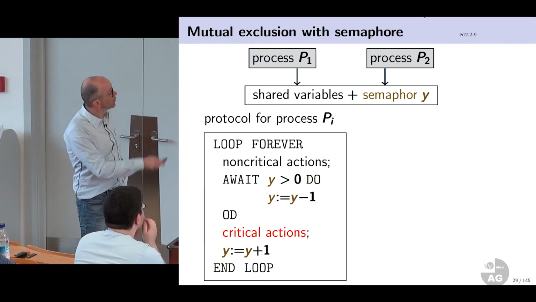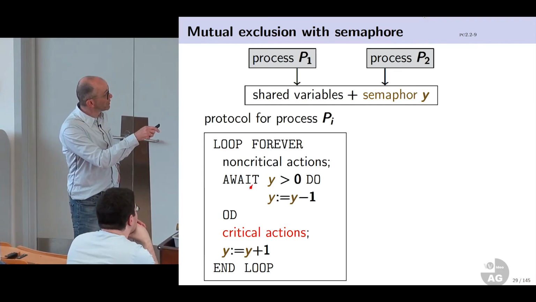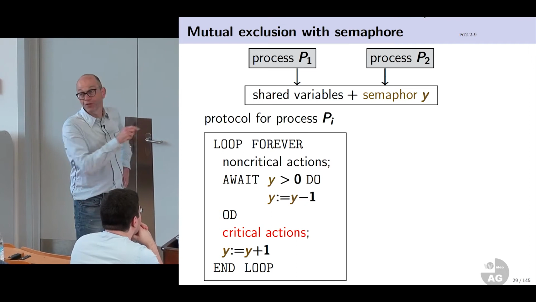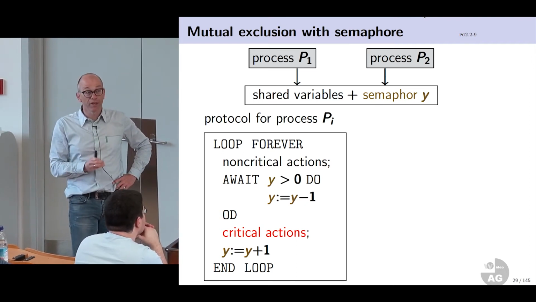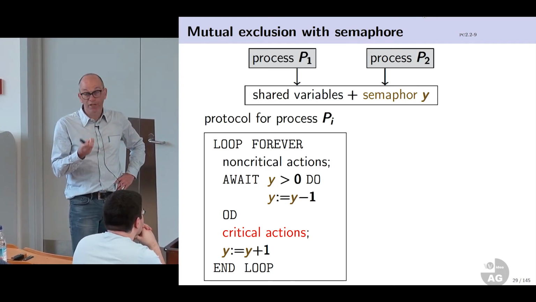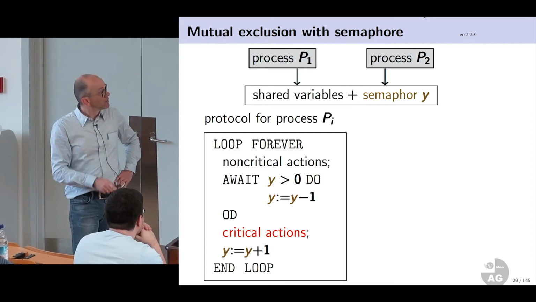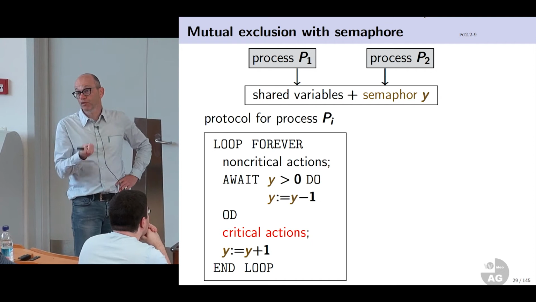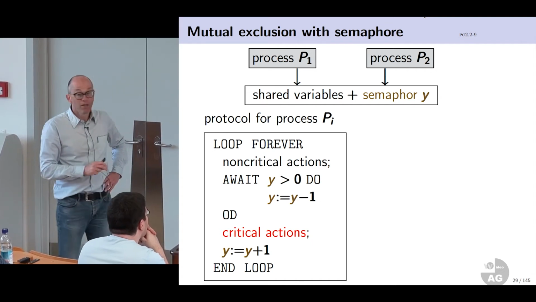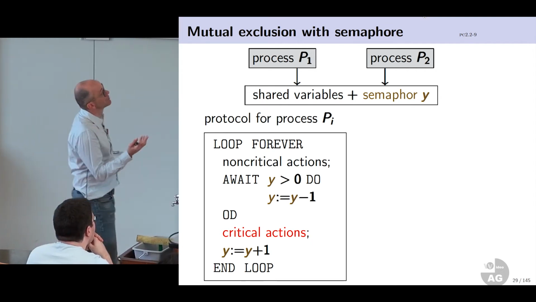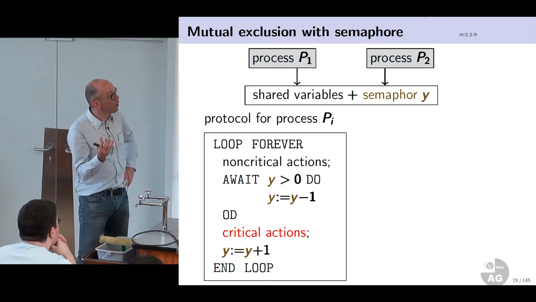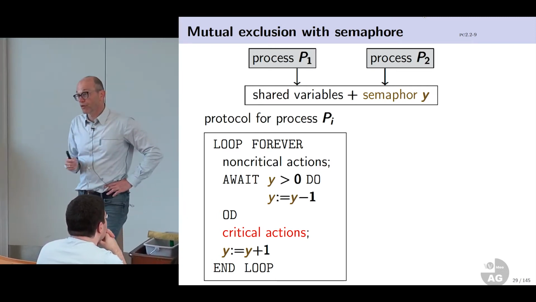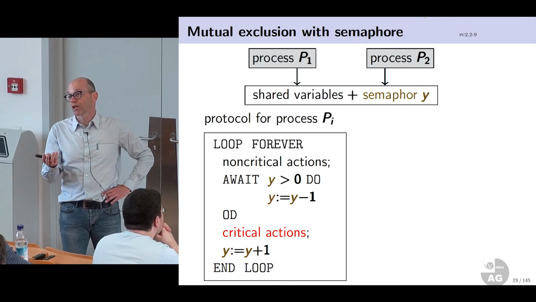So what we are going to do is wait until the semaphore is free. The semaphore being free, in my case, means Y is strictly larger than 0. Then we grab the semaphore, which means we decrement Y by 1. That means now Pi holds the semaphore, and so it has access to the critical section.